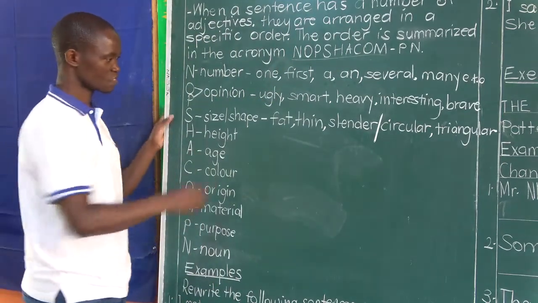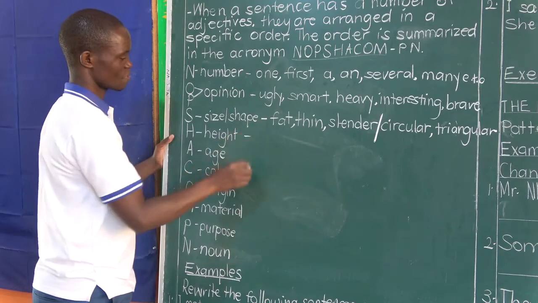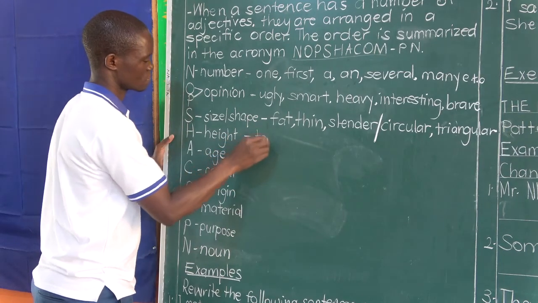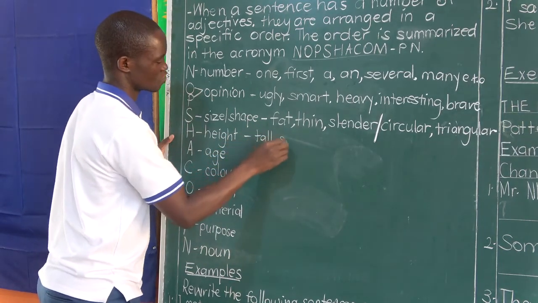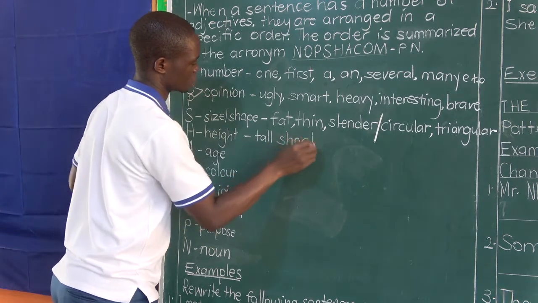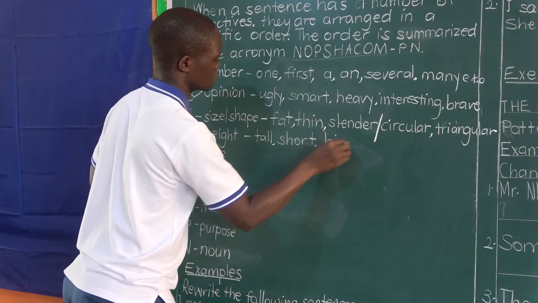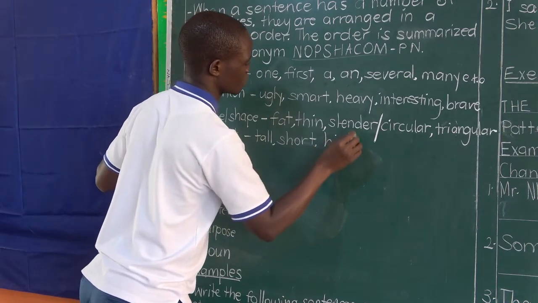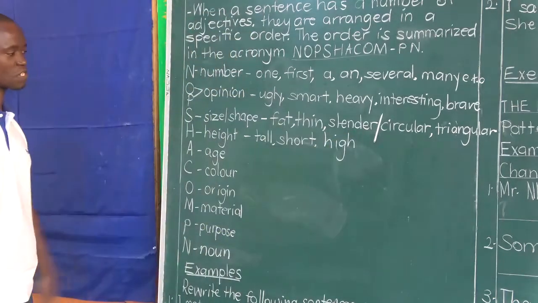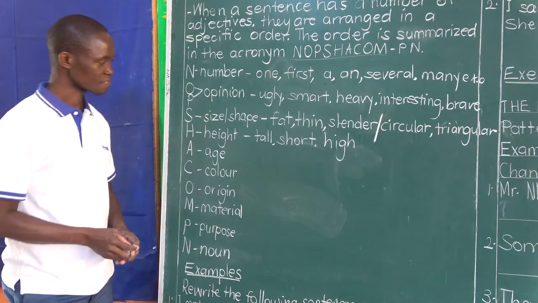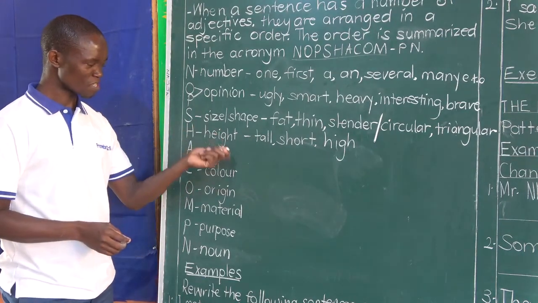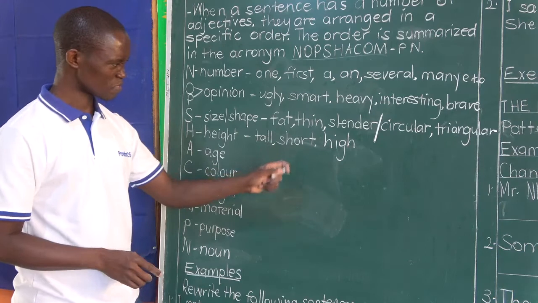Height. Adjectives of height are not very many. You can talk of tall. You can talk of short. You can talk of high. What else? We may stop there for now. Adjectives of height. Still under size, one may think of short has its opposite as long.